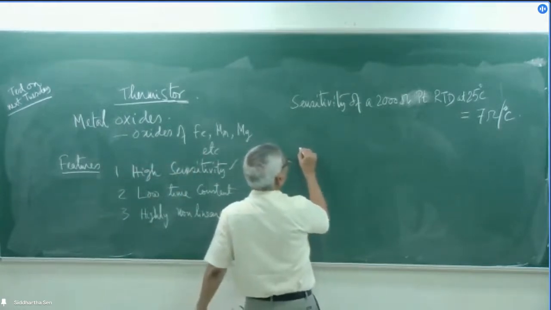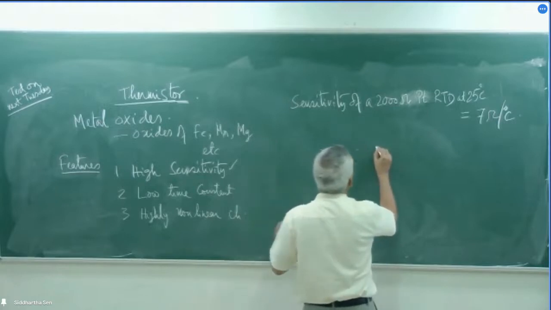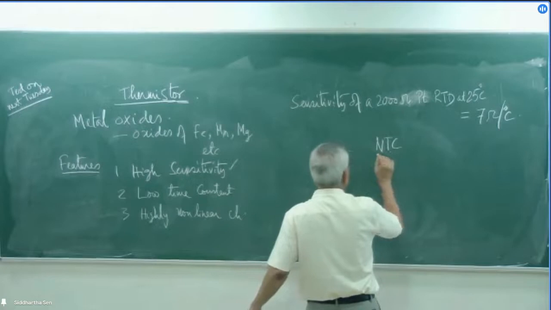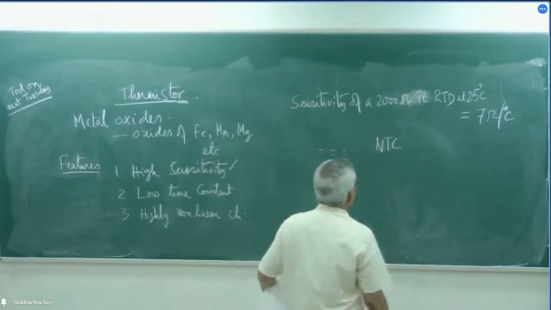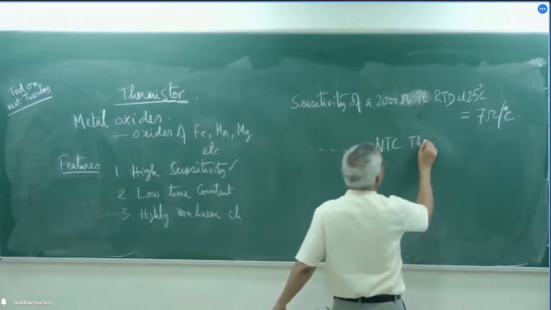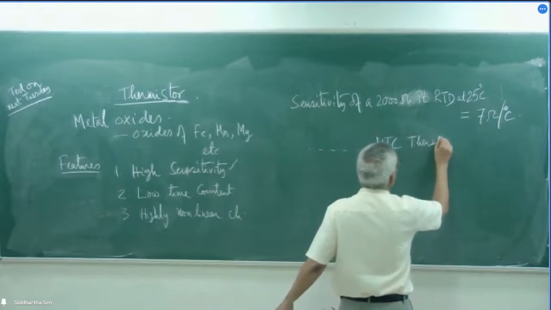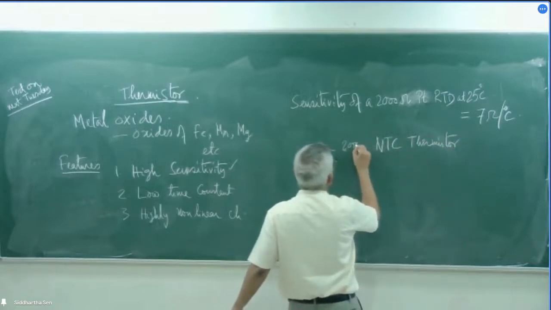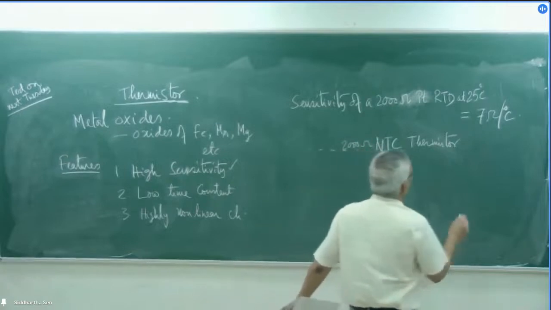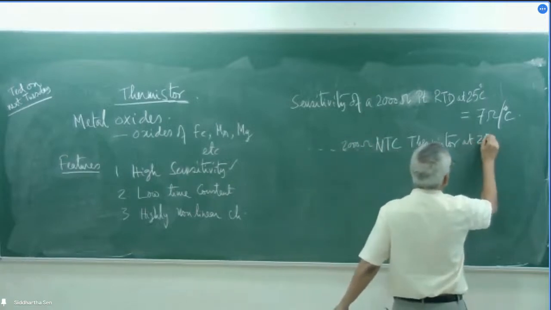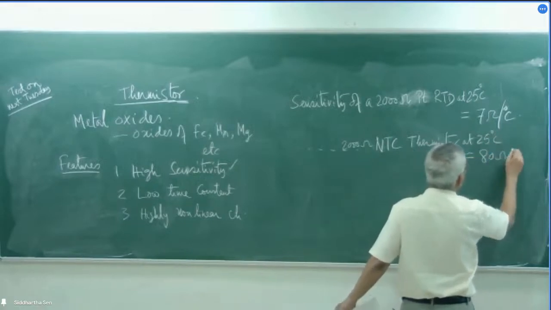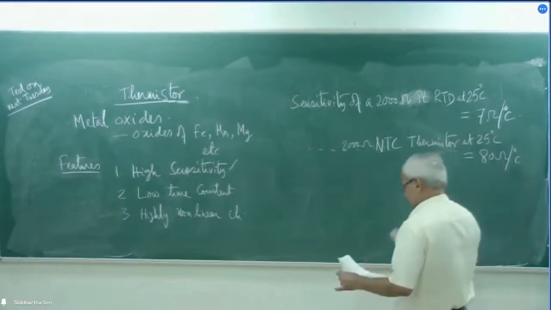Whereas the sensitivity of an NTC thermistor, I will clarify this NTC afterwards, which is also a 2000 ohm NTC thermistor at 25 degrees Celsius, is approximately 80 ohm per degree Celsius.